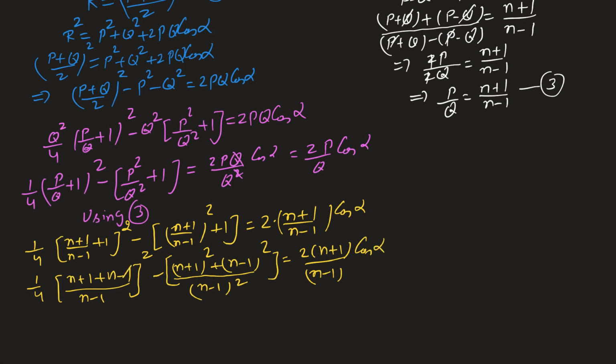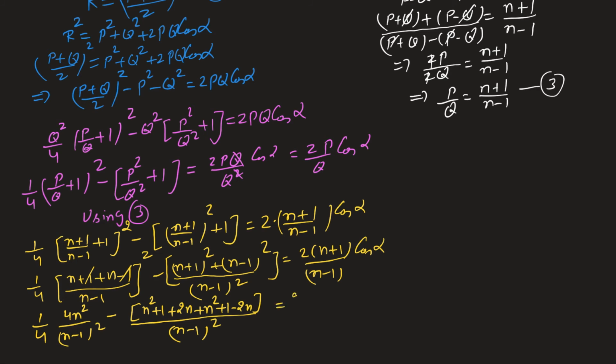So this 1 to 1 will cancel out. So we are left with 1 by 2n raised to the power 2 is 4n square divided by n minus 1 whole square minus, open this square, n square plus 1 plus 2n plus n square plus 1 minus 2n divided by n minus 1 whole square, 2 n plus 1 divided by n minus 1 cos alpha.